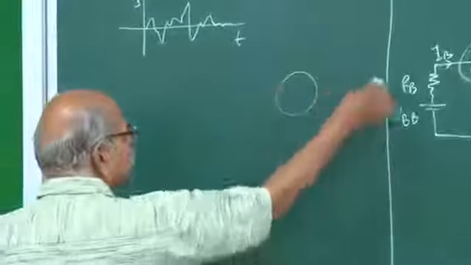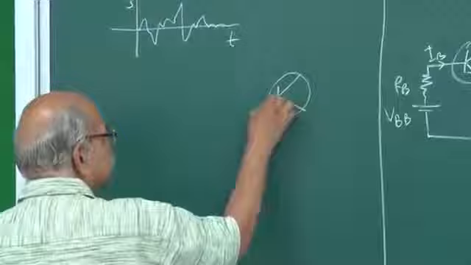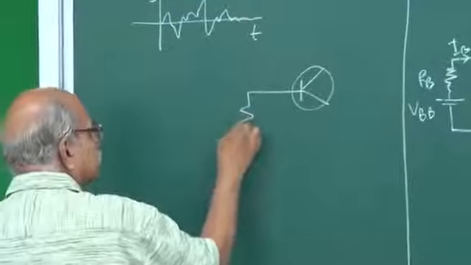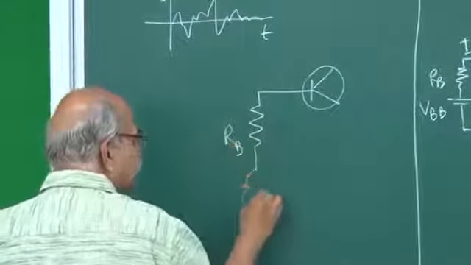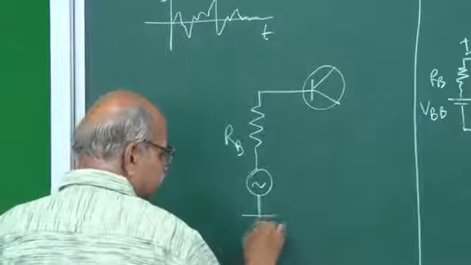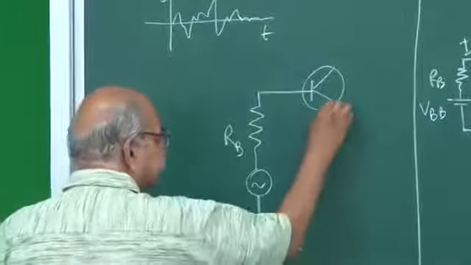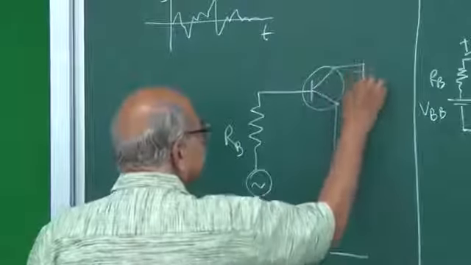So, same diagram I am repeating. This is RB, and then I have this signal here, and then I have this biasing battery, and this side is the same.